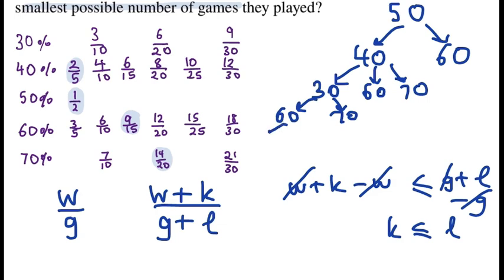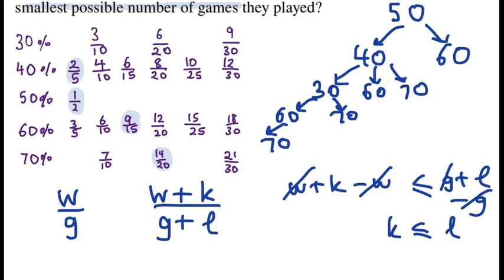And then we're going to go to 70. So 12/20 to, well, we can't go to 14/20, so the next number would be 21 over 30. Can we go from 12 over 20 to 21 over 30? Yes, we can, because the difference is less than the difference between the number of games taken.